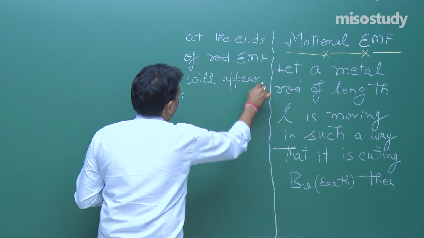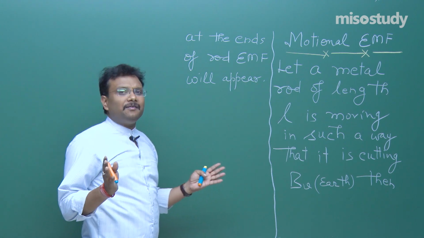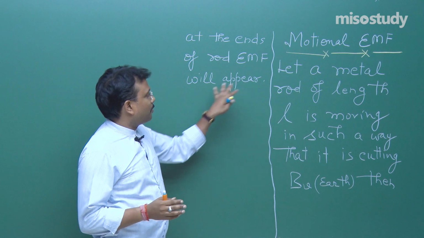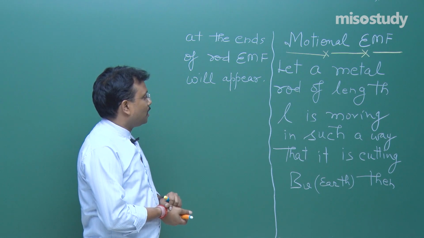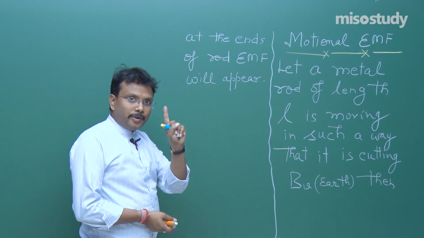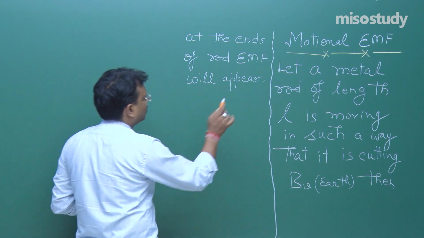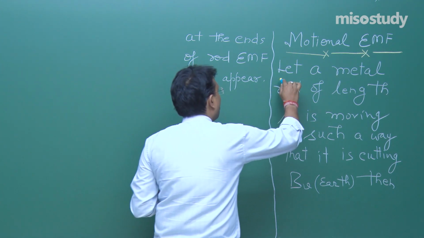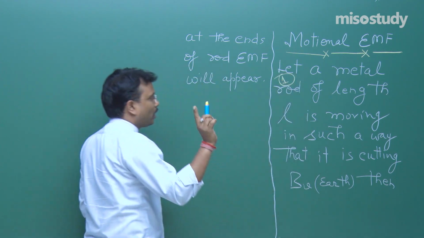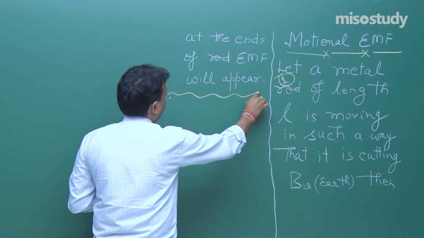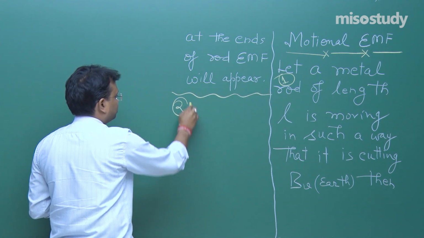Okay, means a potential will be developed. EMF appear means like this. This is one situation, I think I should mention it as 1. Second situation is like this.